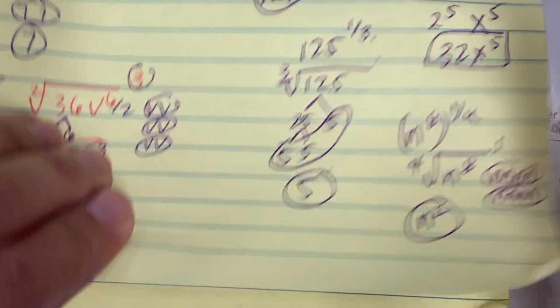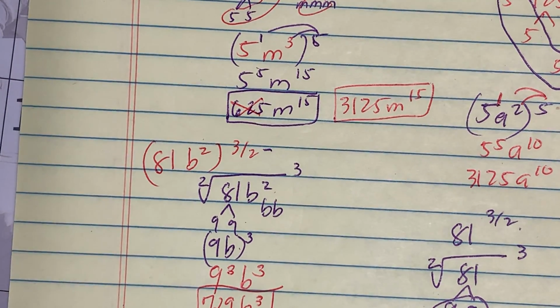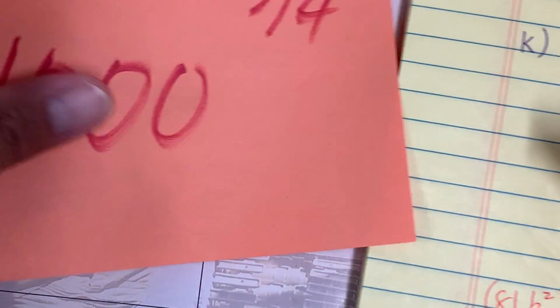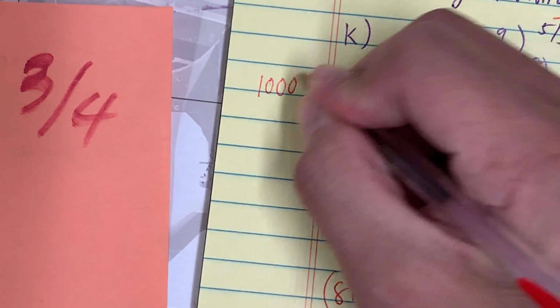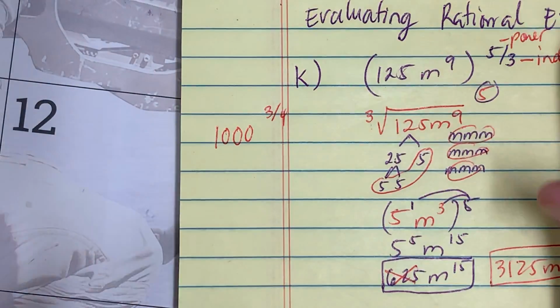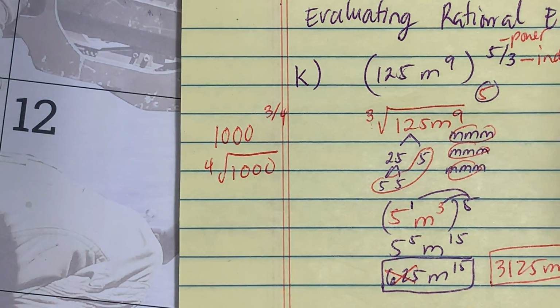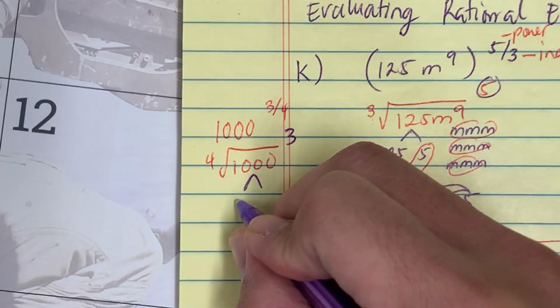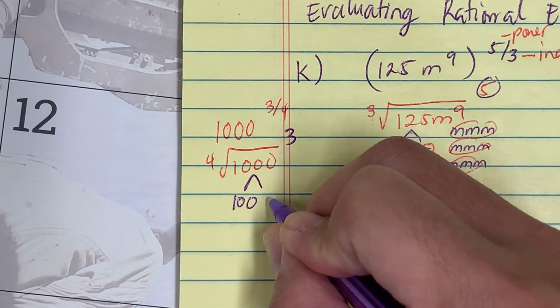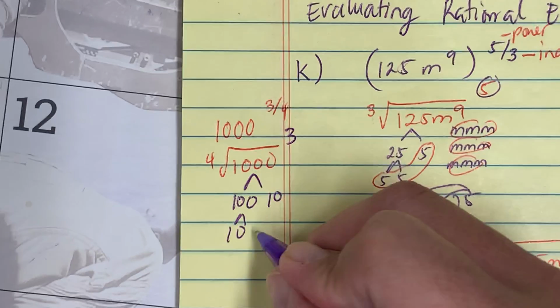And last one here, let's try this portion here. May have a wrong problem here, not for you, but let's try. Letter H says 1,000 to the 3/4. Okay, that means it's the fourth root of 1,000 to the third power. 1,000 can be broken down to what? 10, 10 and 10.